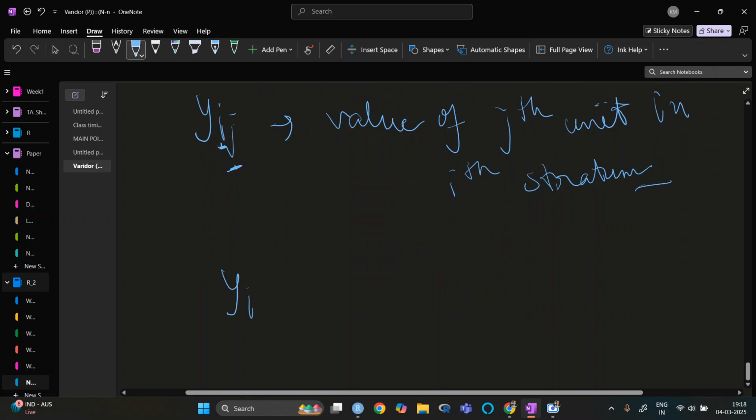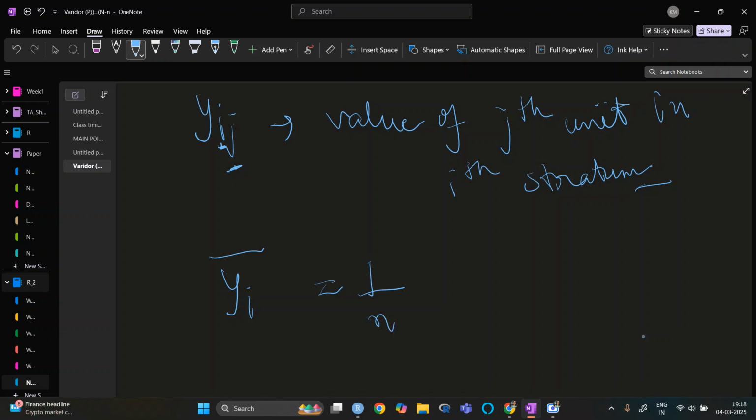Then y_i bar is basically 1 upon n_i times the summation of y_ij, j equal to 1 to n_i, because the total number is n_i.